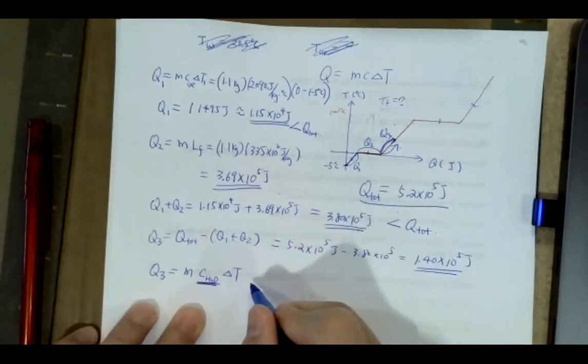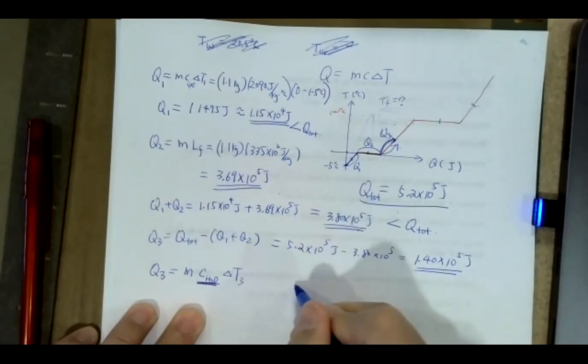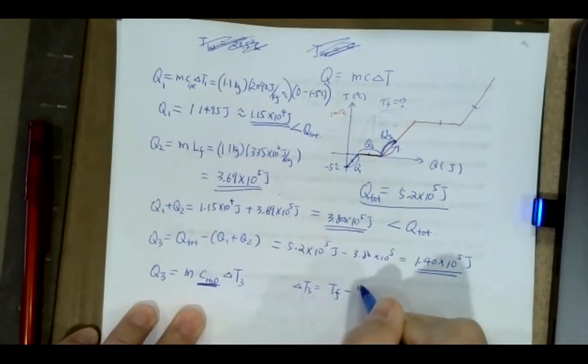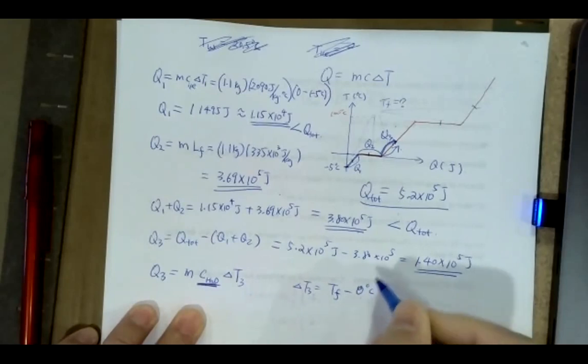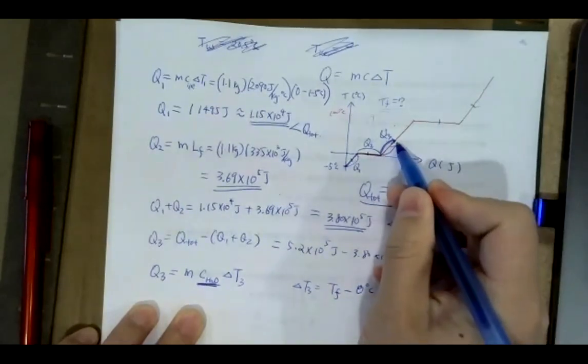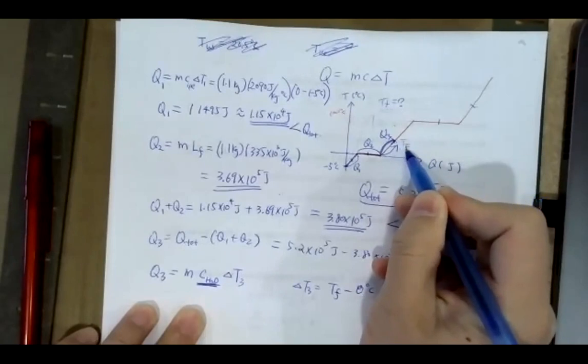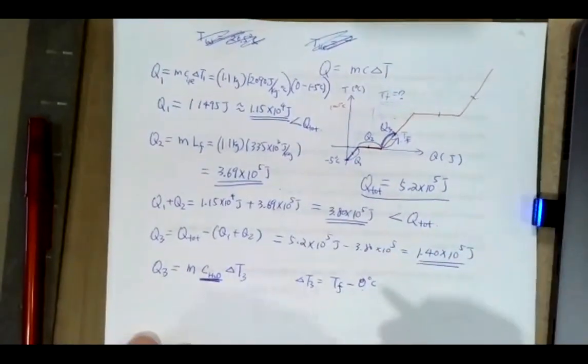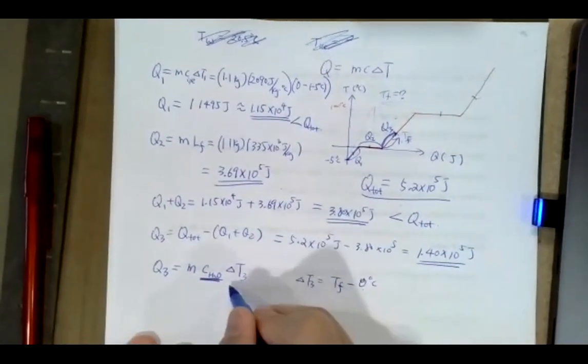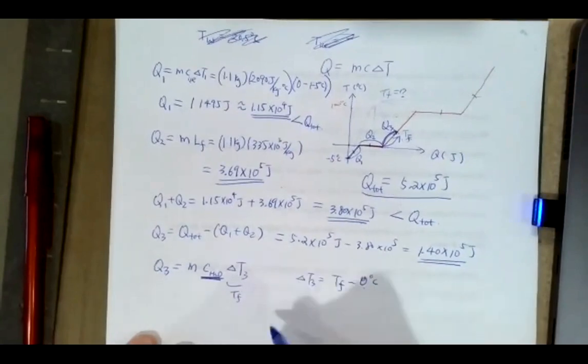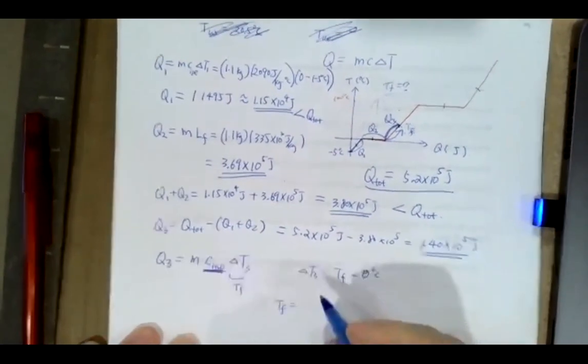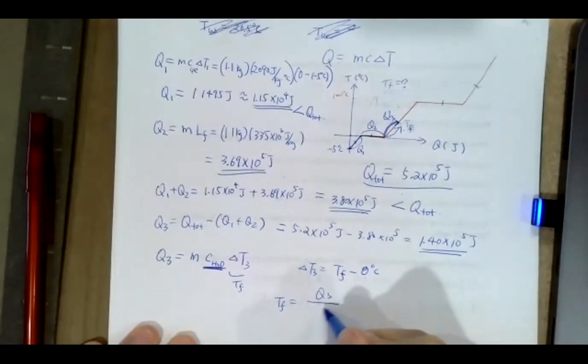All right. And in this case, delta T3 should be equal to my final temperature minus 0 degrees Celsius, right? It starts from 0 and reaches T final. So T final should be equal to my Q3 divided by mass times C of water.